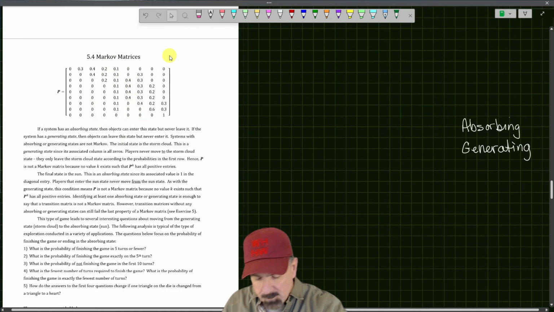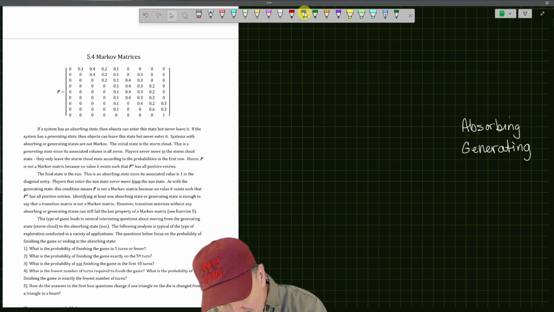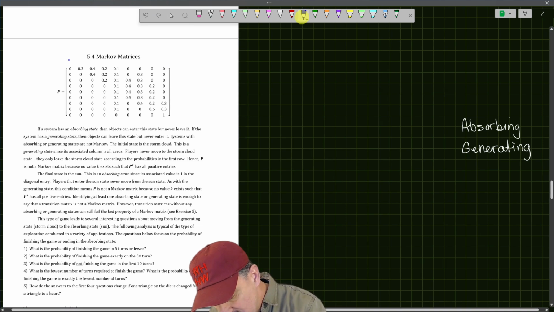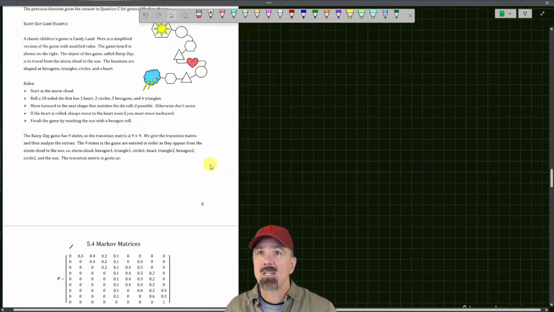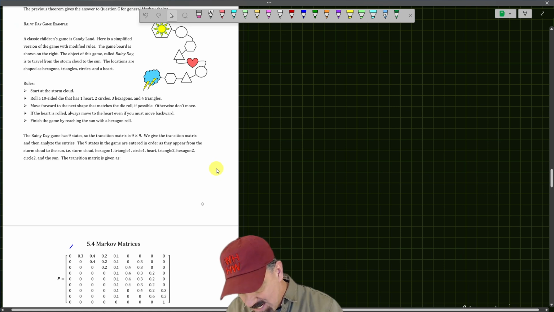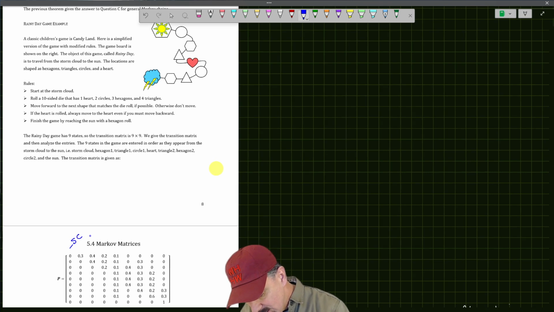That's what we have here. And remember, when you're building these, you want to make sure that you write down what they are. So let me go back so I can look at the graphic here. This first state is the storm cloud. And then this is the first hexagon. This is the first triangle. This is the first circle. This is the heart. And then we have the second triangle.